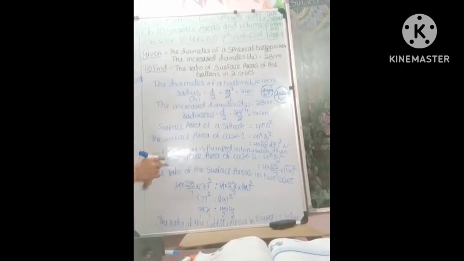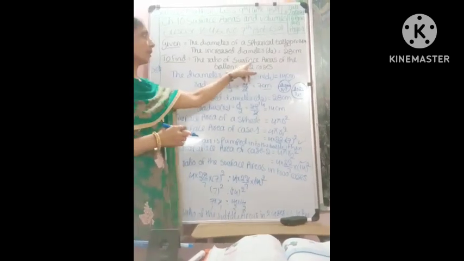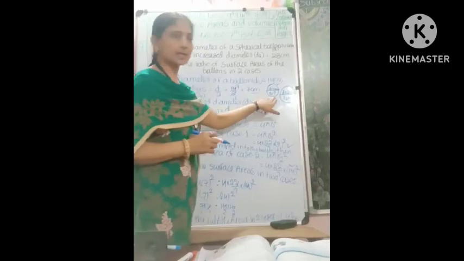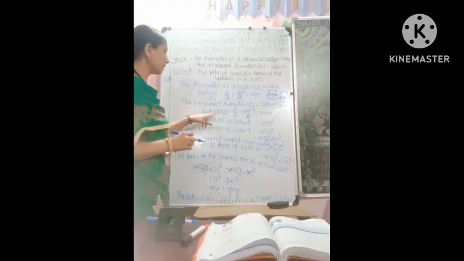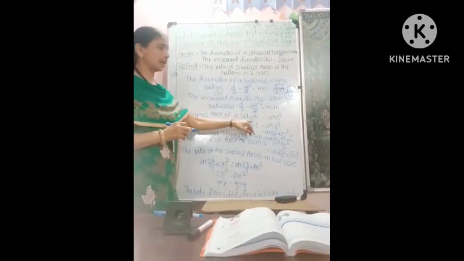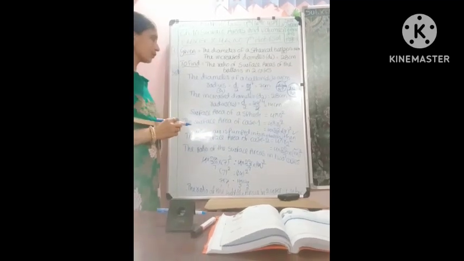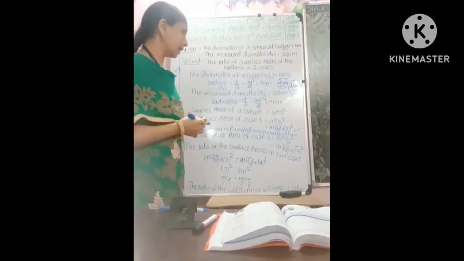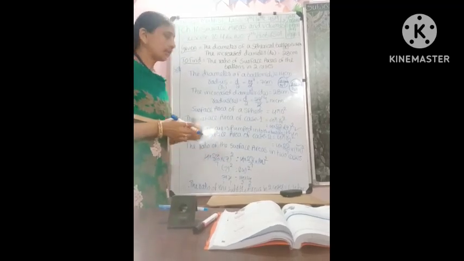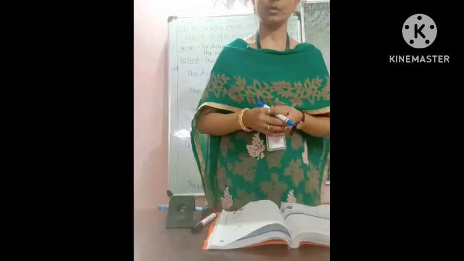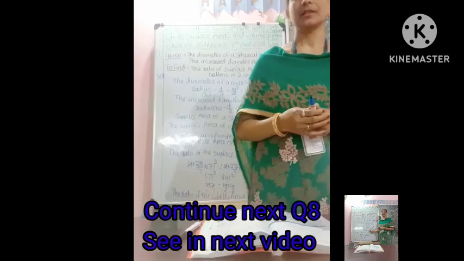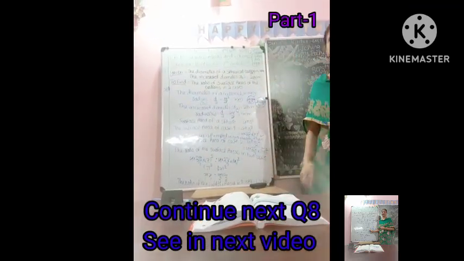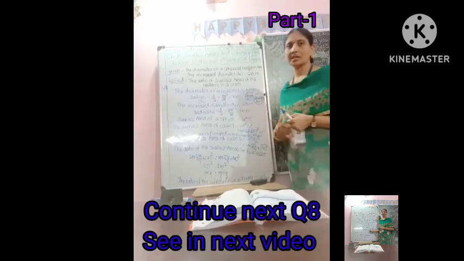We need the radius. After getting the radius, we can find the surface area of the sphere, for case 1 and case 2. Then find the ratio of these both surface areas. Final answer, what we got? The answer is 1:4.